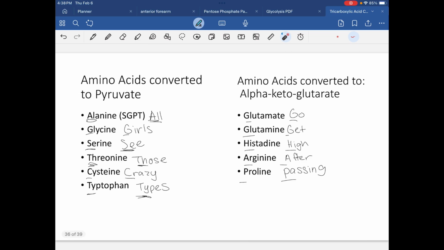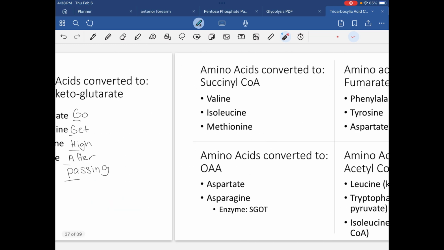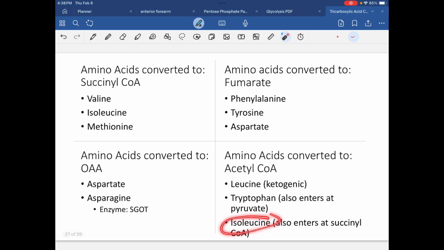We saw tryptophan earlier here, and we saw isoleucine here. So it is important to note that one amino acid could be converted into more than one intermediate of the citric acid cycle. It's going to depend on what materials are available in the cell, maybe what cell we're in, which intermediate it will become.